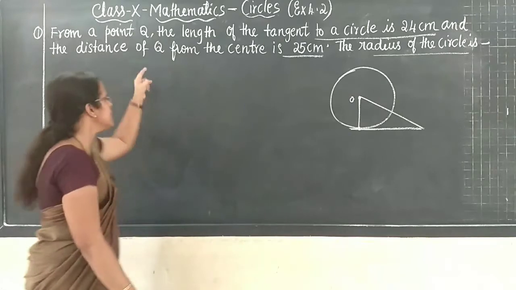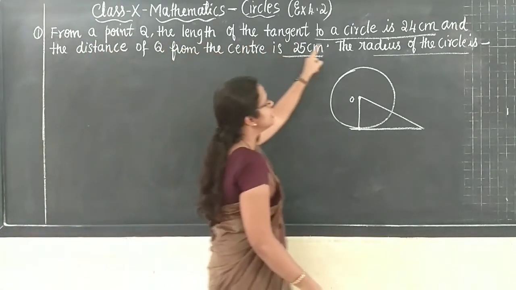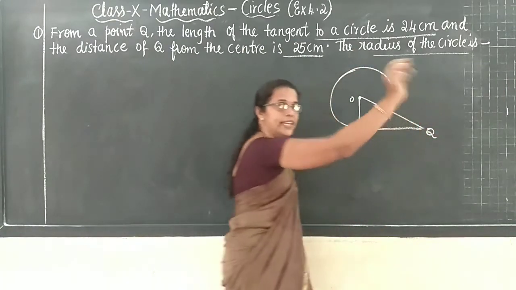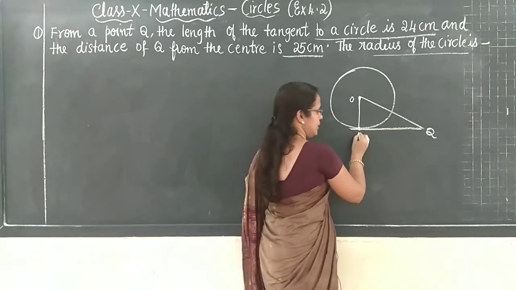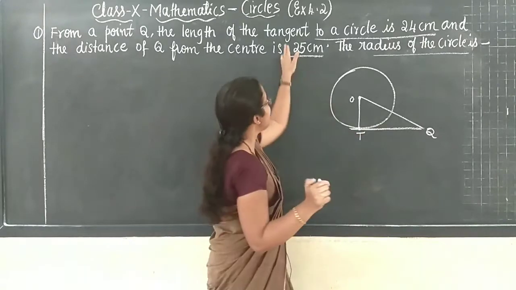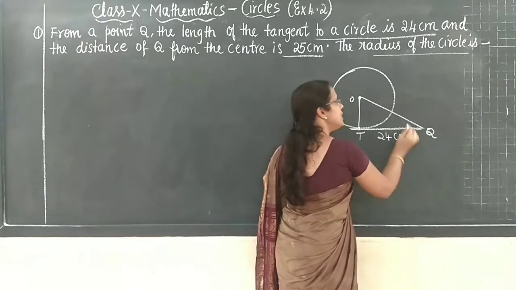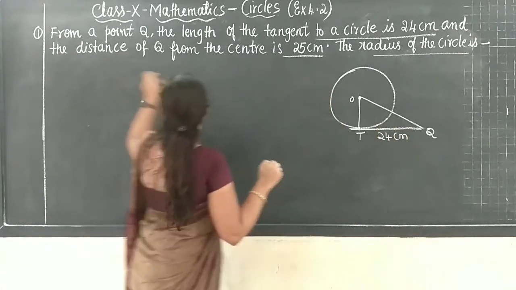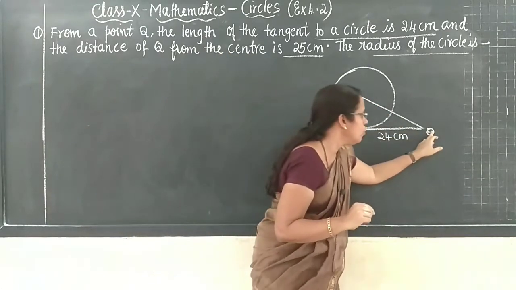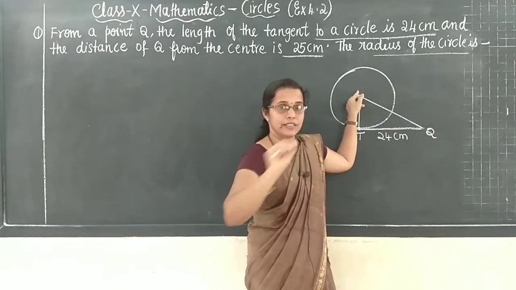See, this figure says: from a point Q, the length of the tangent to a circle is 24 cm. From somewhere point Q, if I take T, then QT is a tangent. The tangent length is given as 24 centimeter, and the distance of Q from the center is this length, understood children?